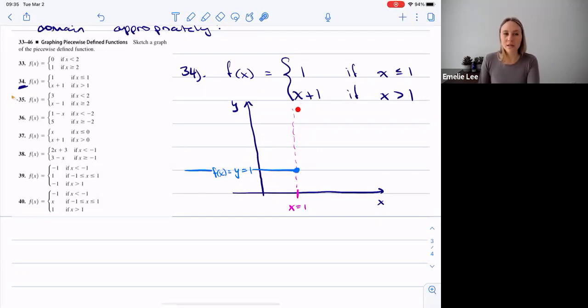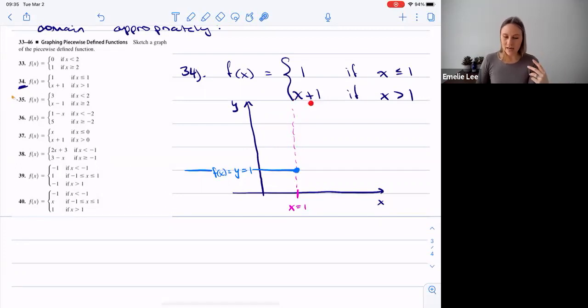Then I'm going to plug in values of x that are greater than 1. Recognizing that this is a straight line is going to be really good. Since it's a straight line, I only need 2 points on the line in order to draw it.